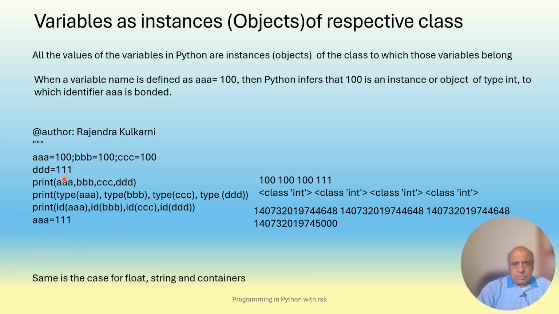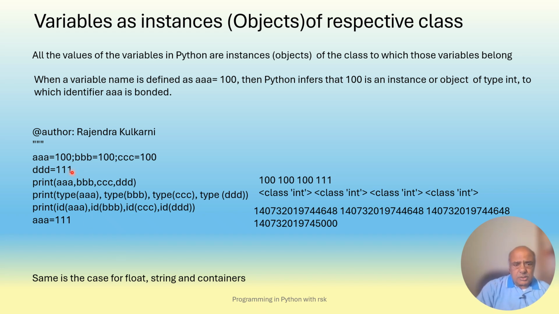Since 111 is already available as an object which has been bound to the name DDD, this statement doesn't create another object 111, but AAA starts referring to the same object which was created when we assigned 111 to DDD.